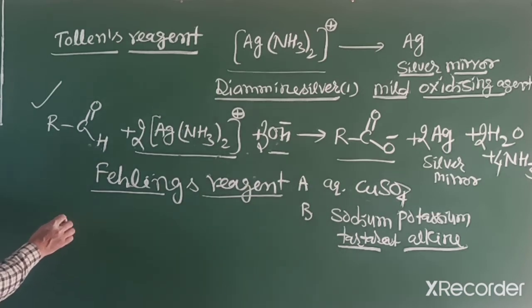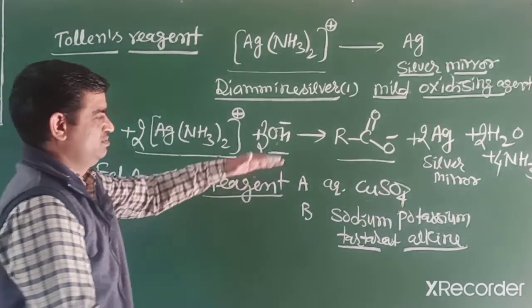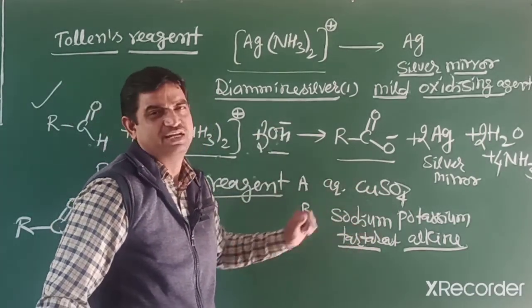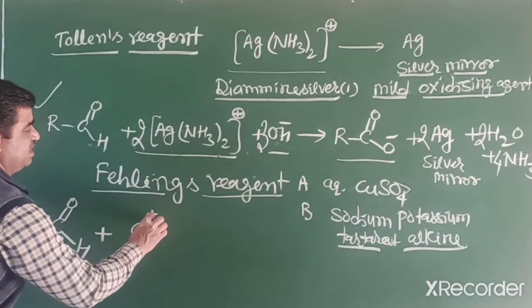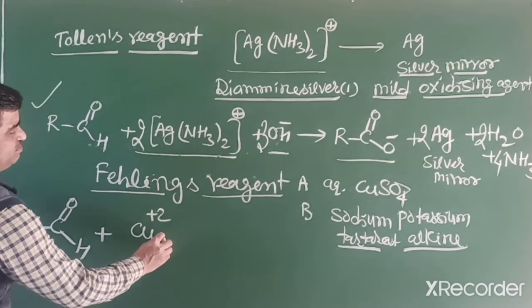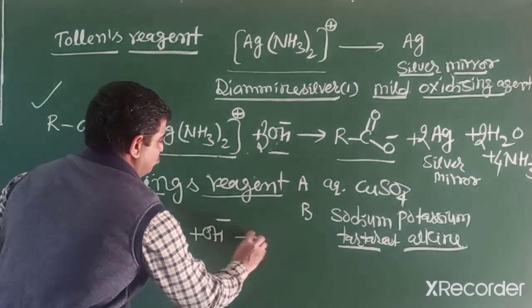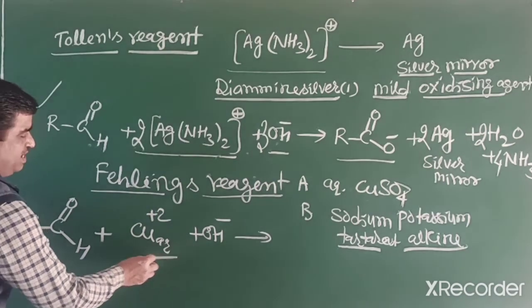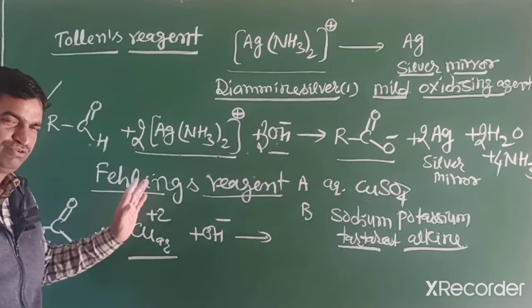So aldehyde, when reacted with Fehling's reagent A and B, combined aqueous copper sulfate and sodium potassium tartrate in alkaline medium in equimolar amounts, ultimately provides cupric ion. This one is Fehling's reagent in basic medium. So this acts as an oxidizing agent, also a mild oxidizing agent. It can oxidize only aldehyde. It cannot oxidize ketones.